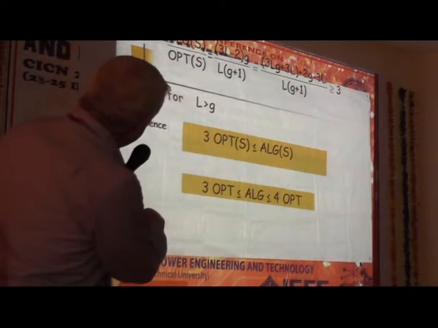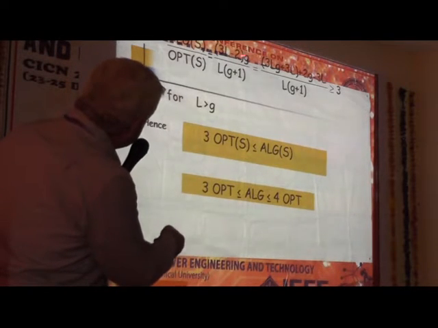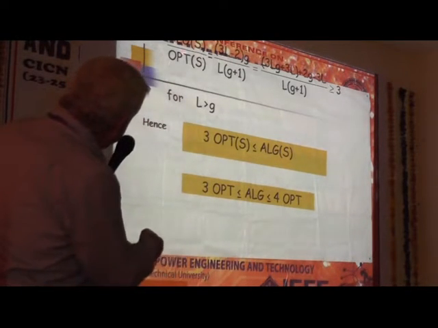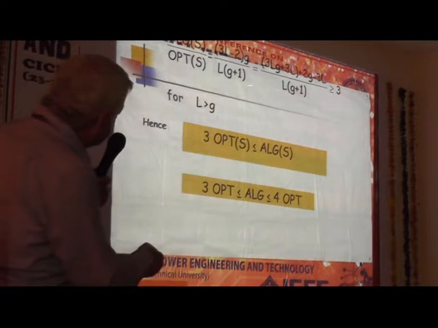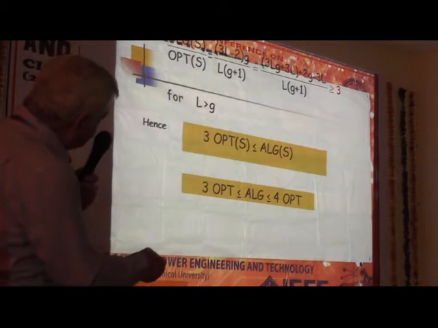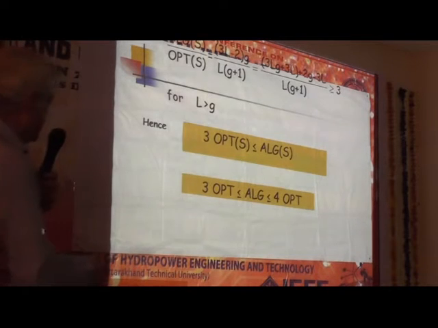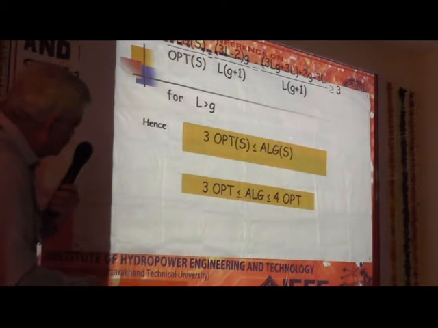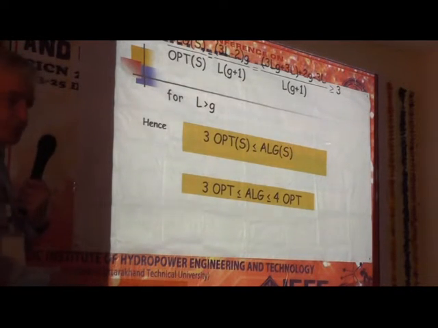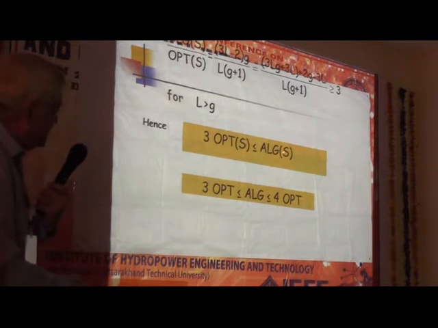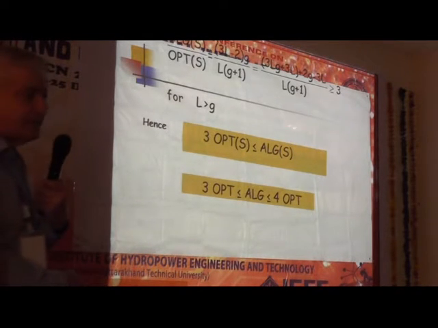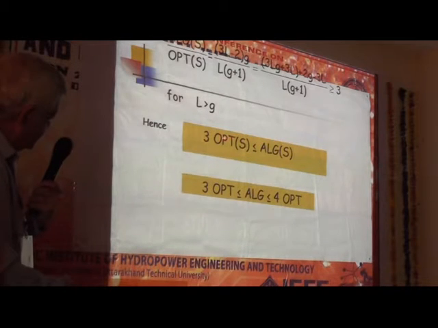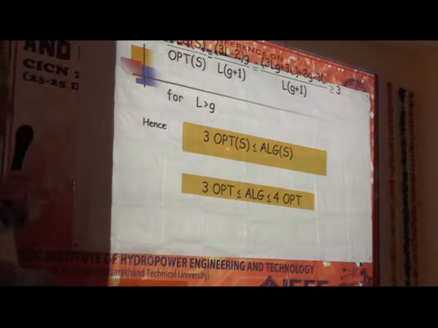And if you do the calculation, then you can see that the algorithm is using this number, the optimum is using this number, and this ratio, when M is bigger than G, will be at least 3. So what we showed is an example that the algorithm is forced to do very bad, which is at least 3 times what the optimum is doing.